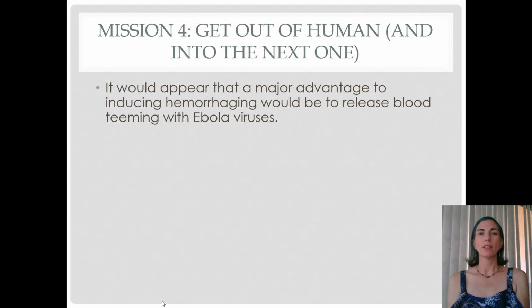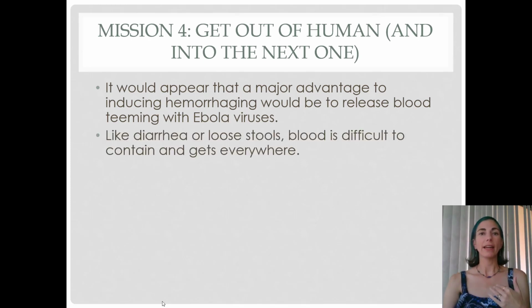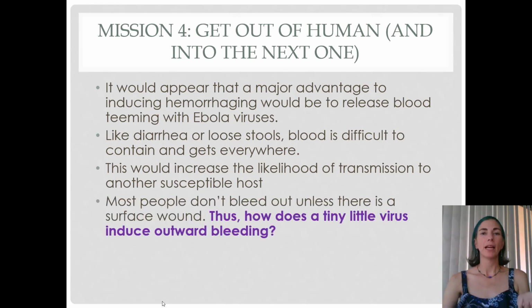So it turns out that the major advantage to hemorrhaging isn't to cause death, isn't to cause extensive bleeding, but rather to increase the likelihood that Ebola will transmit from one human to another, simply by providing a body fluid that has hundreds of thousands of viruses on the external surface of the body so that a caregiver or somebody handling that body is likely to touch that blood and put it on their own mucous membrane.